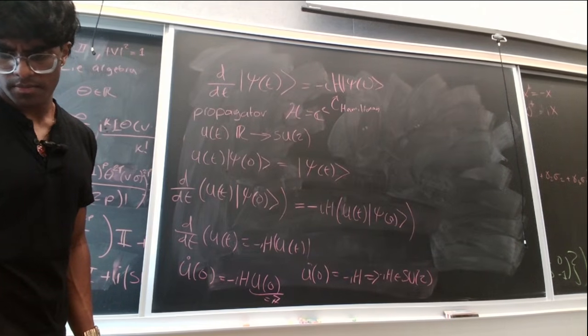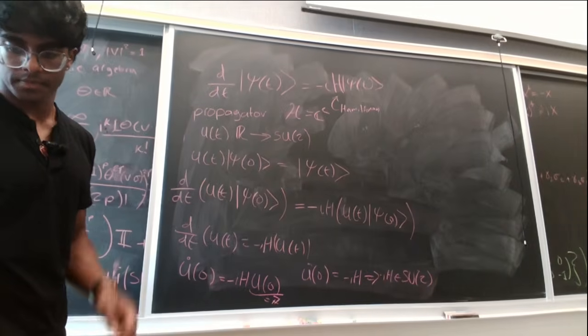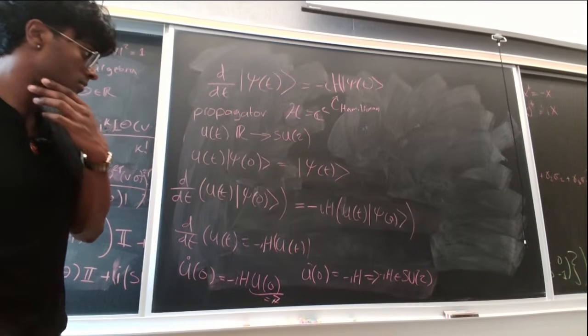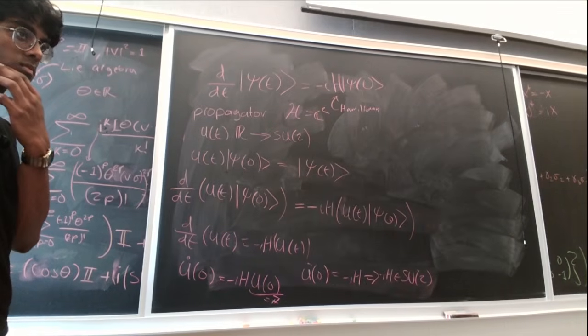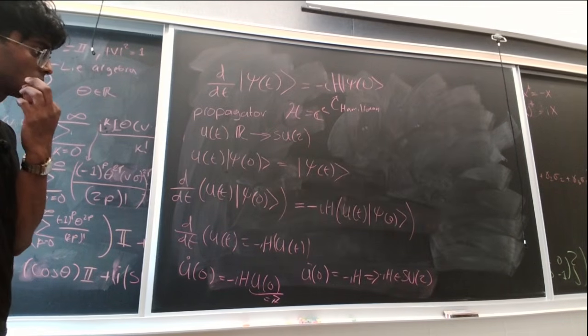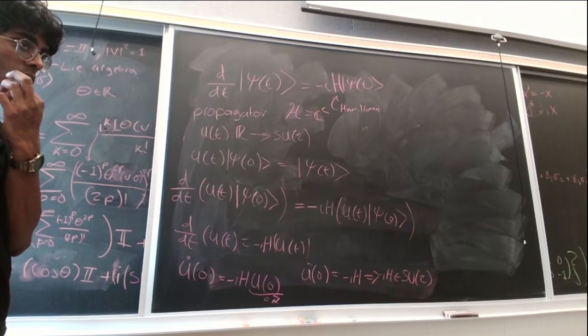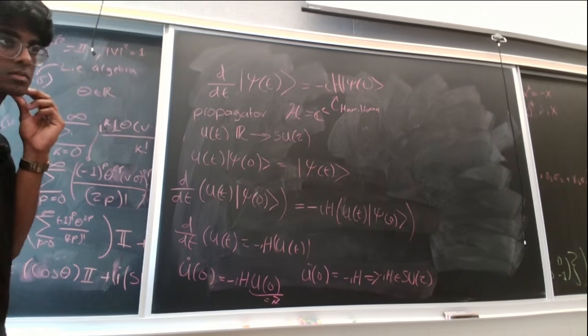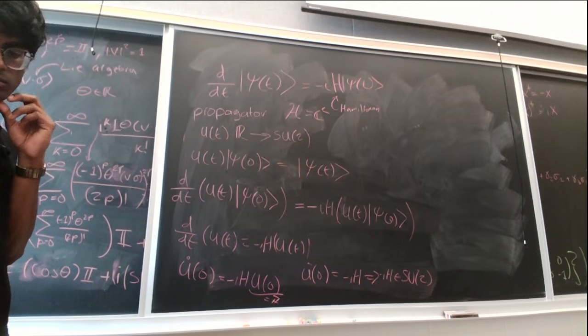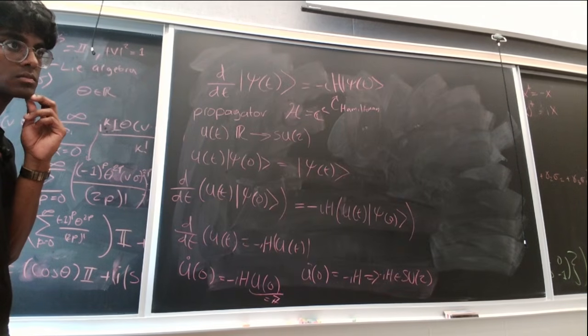But it's more so the fact that you had some arbitrary matrix valued function U of t, and then you showed that it satisfies this differential equation where its derivative is always minus iH times the matrix itself.